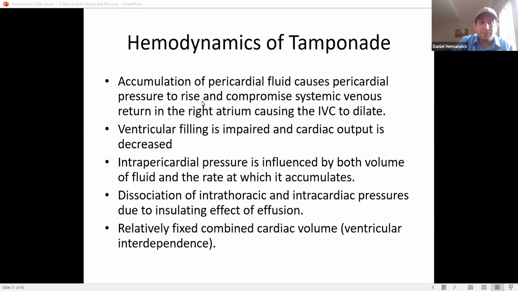It has to do with the rate at which this fluid accumulates, causing pressure to rise within the pericardial space. That rising pressure around the heart prevents the chambers from dilating and filling properly, so we have decreased cardiac output. Basically, things are starting to slow down within the heart.